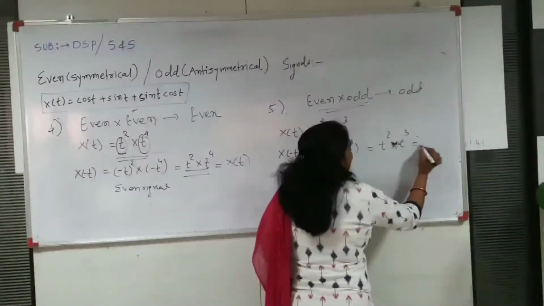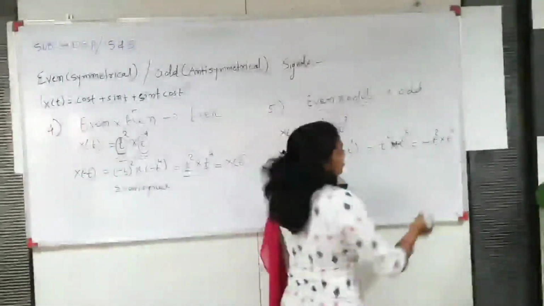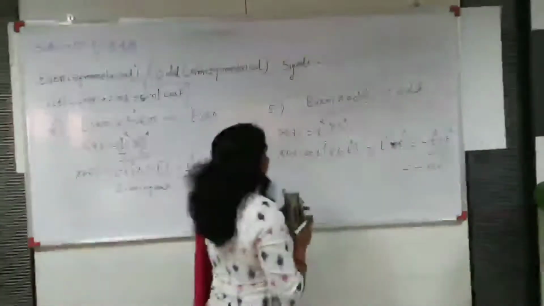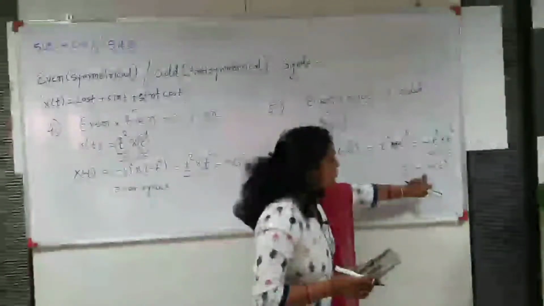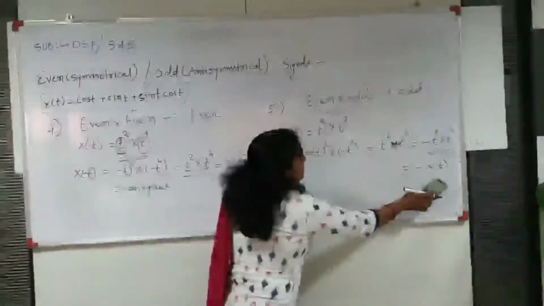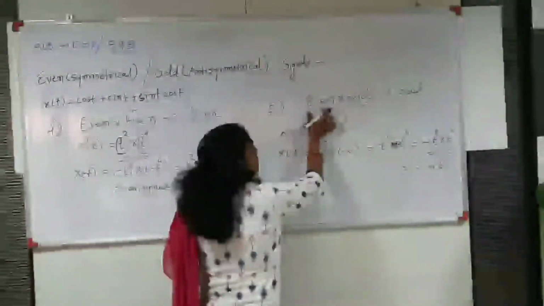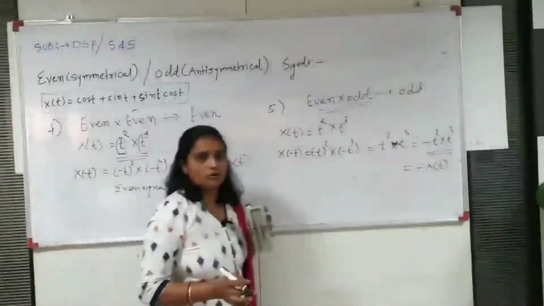So it becomes minus of t square into t cube, so it becomes minus x of t. So x of minus t is equal to minus x of t. That is the odd condition. That's why the product of even into odd is always an odd signal.